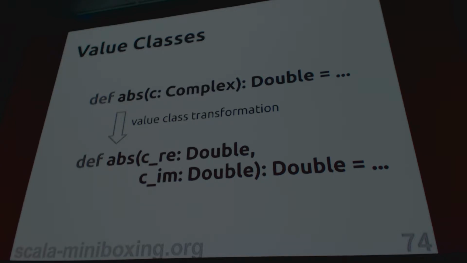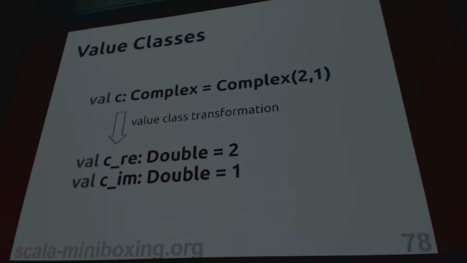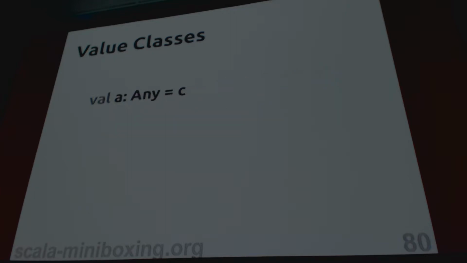Well, on one side we have the value class, but the compiled version just takes the real part and the imaginary part. There is no need to create an object. Why bother creating an object when you can basically inline the fields there? Let's take another example. You create a value with complex, you do the value class transformation. Well, no surprise here, the value gets exploded, split up into its fields, and each of them gets the value. So far, so good. Again, no object created.